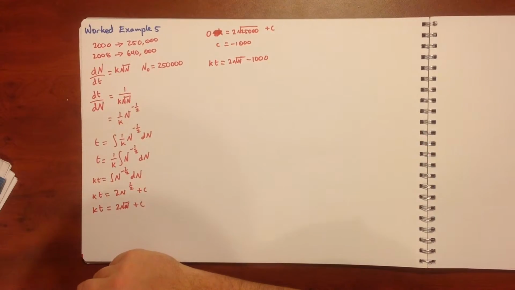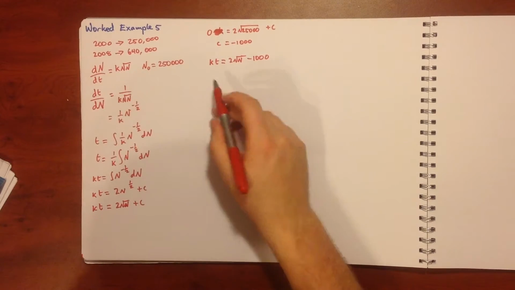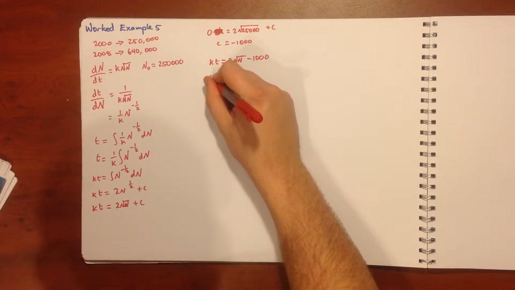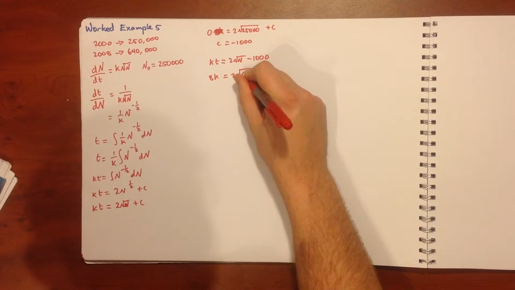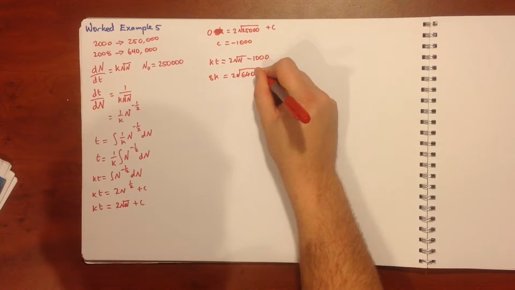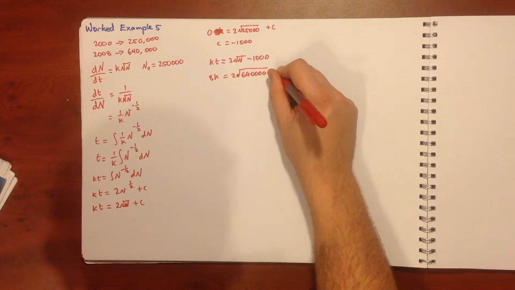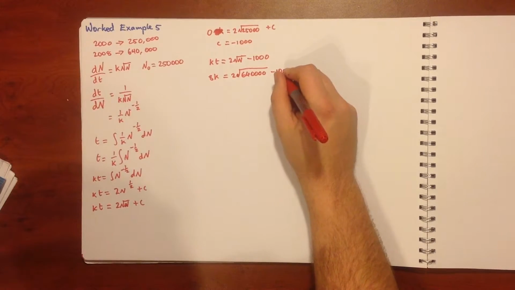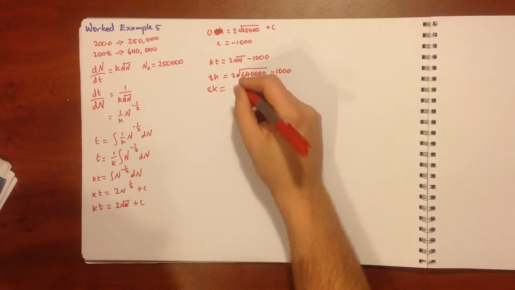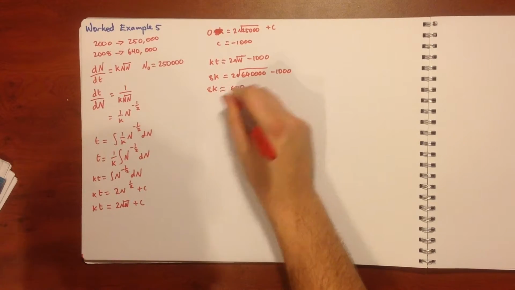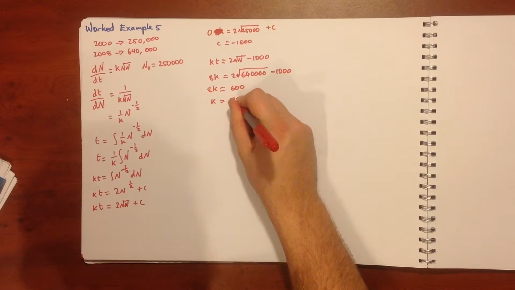We also know that when t equals 8, we get 8k equals 2 times the square root of 640,000, minus 1000. When we simplify that, 8k equals 600, so k equals 75.